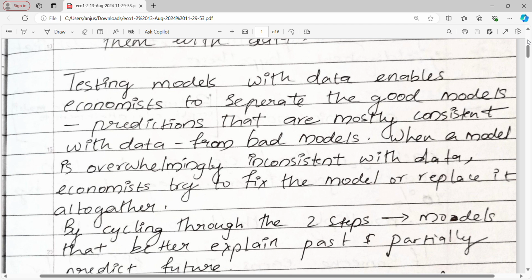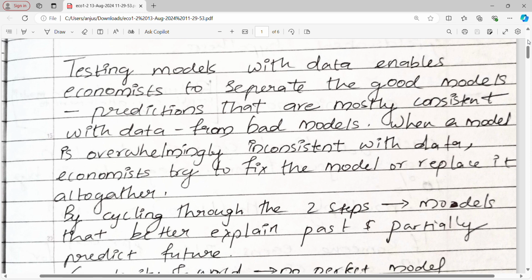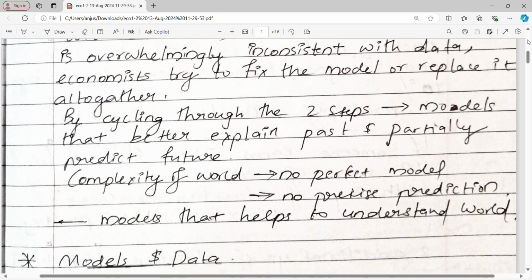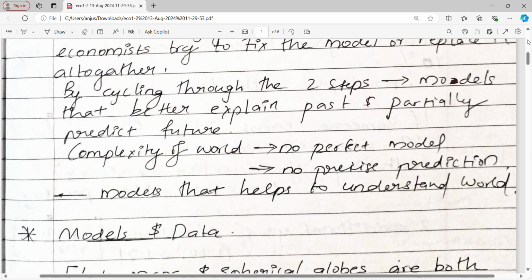When a model is overwhelmingly inconsistent with data, economists try to fix the model or replace it altogether, cycling through the two steps, creating models and evaluating them with data. Models that better explain the past and partially predict the future are created.